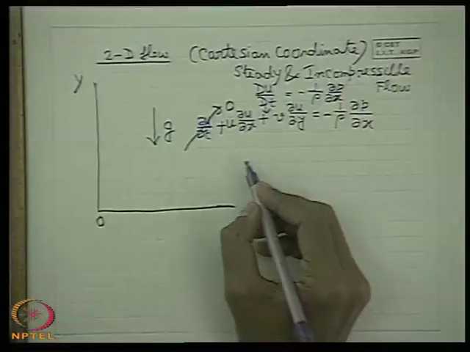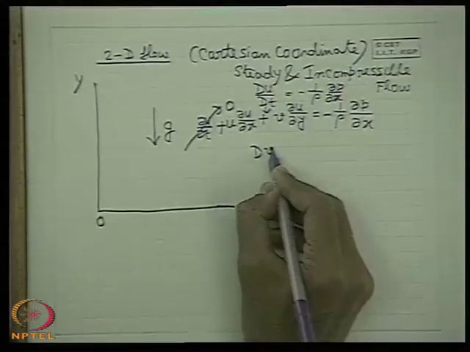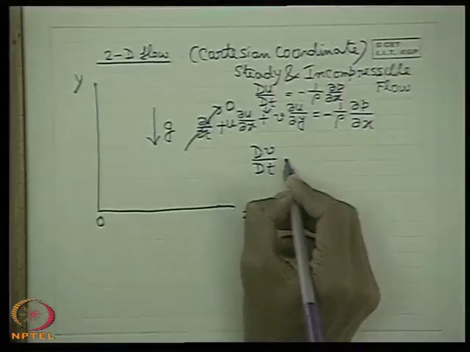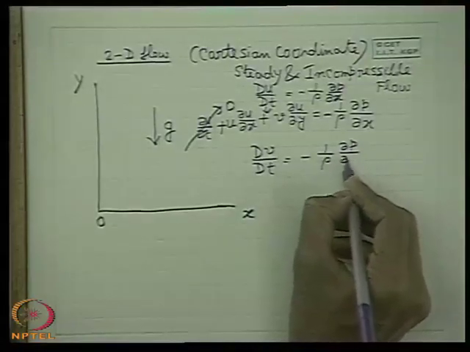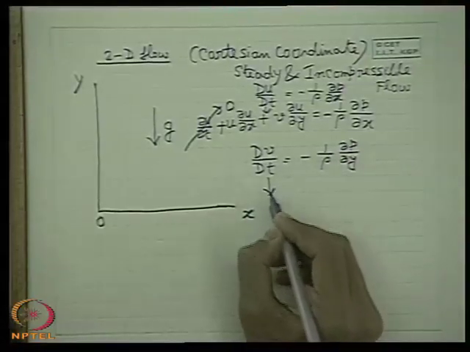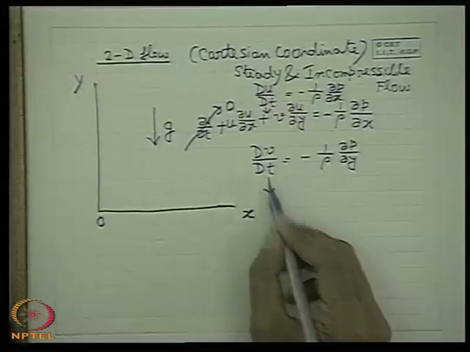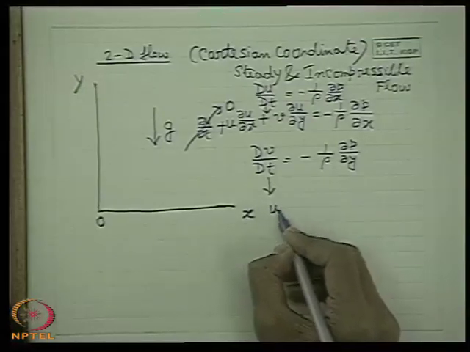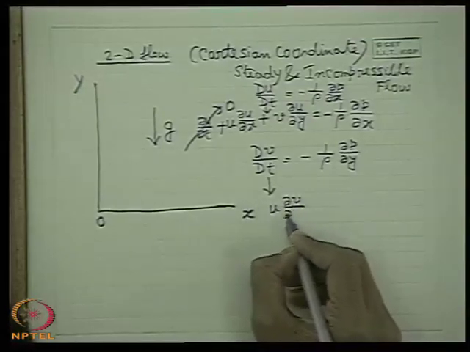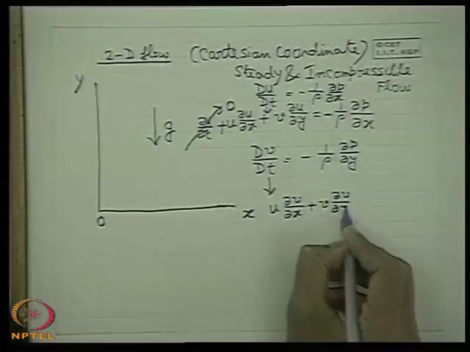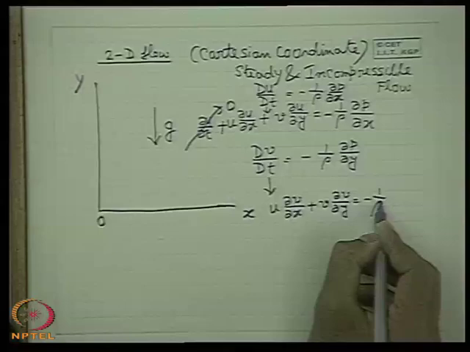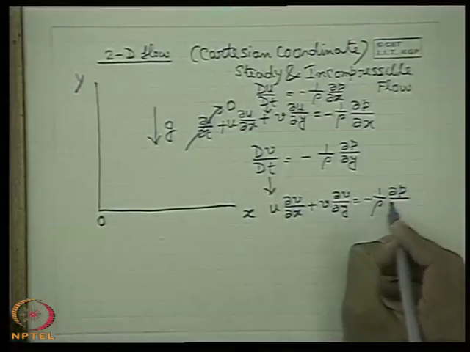The y direction equation similarly will be Dv Dt, if you recall, equal to minus 1 upon rho del p del y. So if you expand this in case of steady flow, that means del v del t is 0, then you get u del v del x plus v del v del y is equal to minus 1 upon rho del p del y.